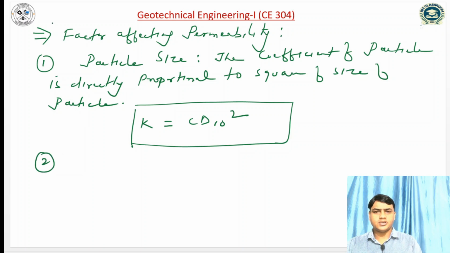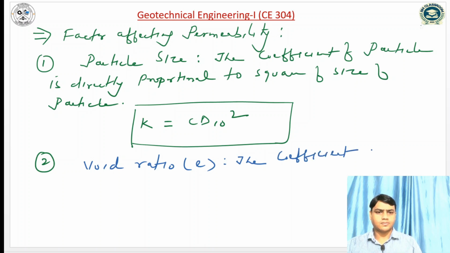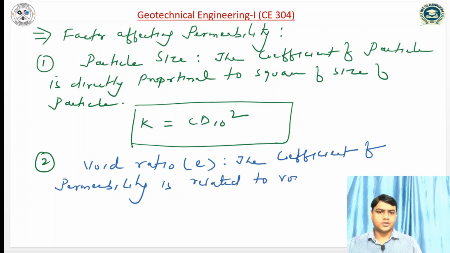Second parameter, that is void ratio. The coefficient of permeability is related to void ratio as follows.